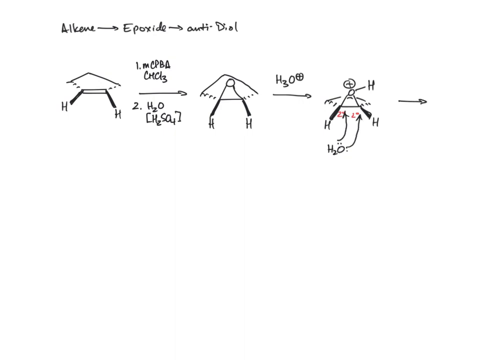So if we go ahead and draw those both, we can figure out what the relationship between them is. If we look here, water is attacking this carbon, and we're cleaving this carbon-oxygen bond. So attack here, we cleave that. So we're going to have OH, carbon bond, OH. So let's just draw that first.